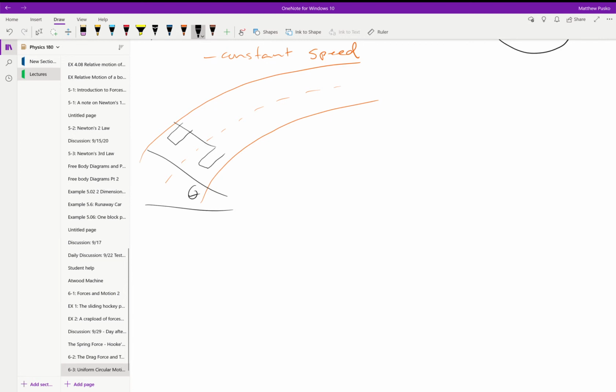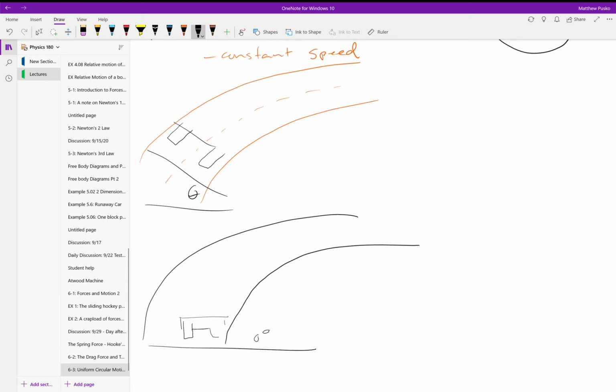But let's think of a turn where our car is not banked. It's going to stay perfectly level. The road is at an angle equal to 0 degrees from the x-axis. So here's my sweet car going around the corner like this. Maybe a top-down view would be better.